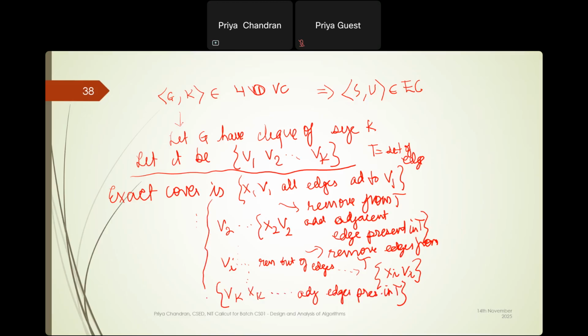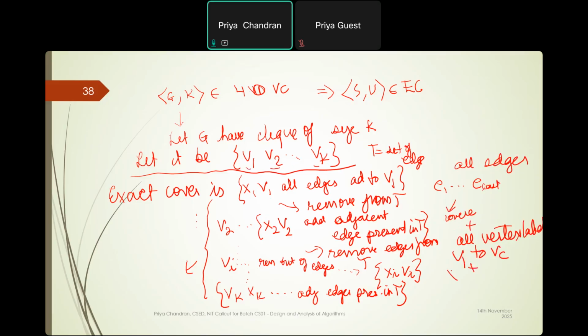Now our claim is that all the edges get covered in this. Why? Because the vertex cover covers all the edges. So all the edges E1 to the last E get covered in one of these sets. Also, all the vertex labels V1 to Vk plus all the extra variables x1 to xk get covered.